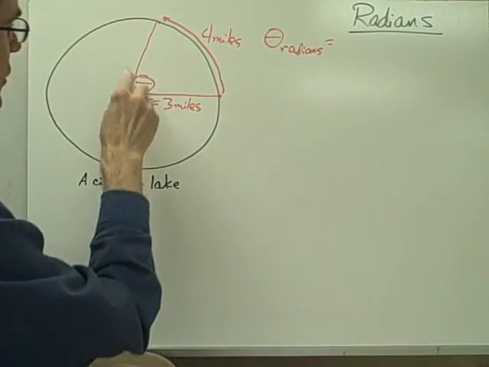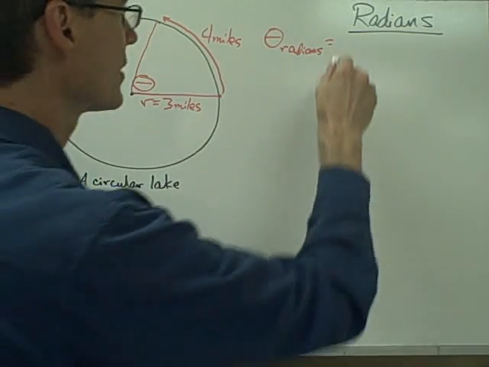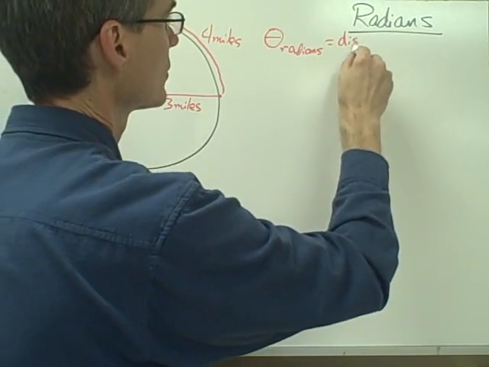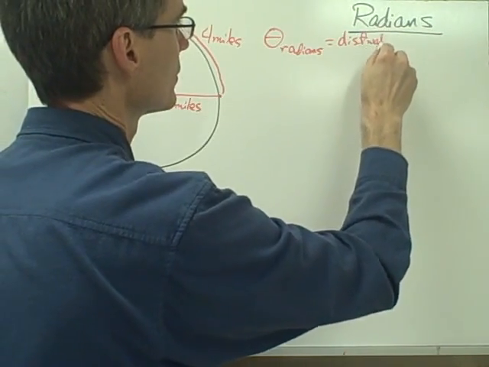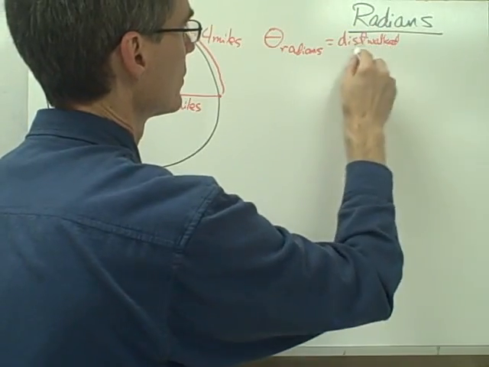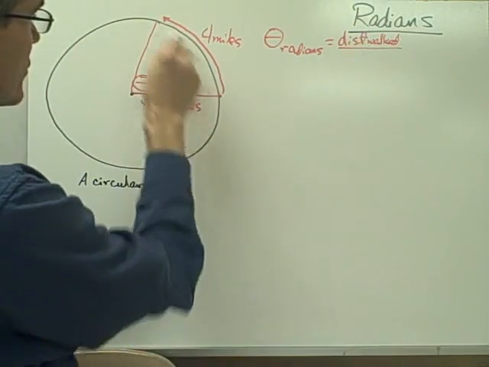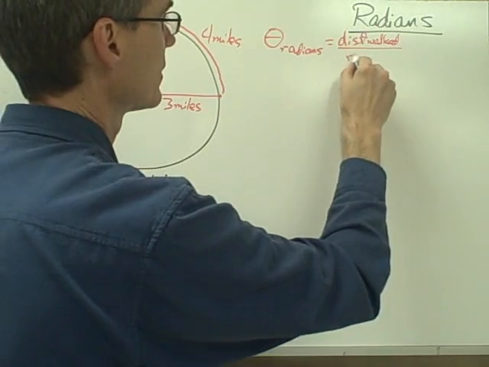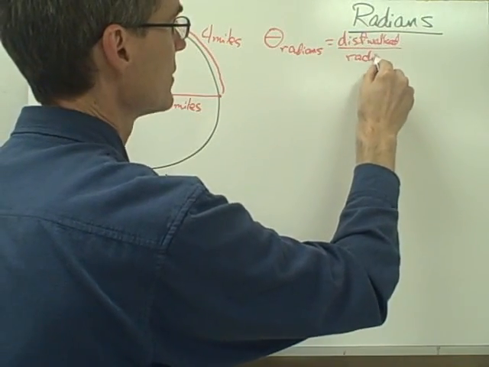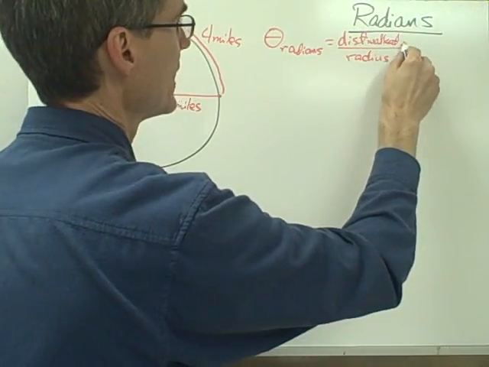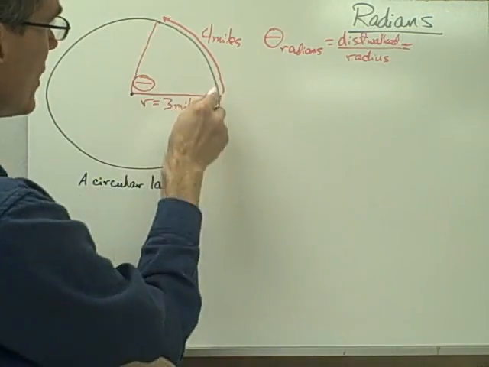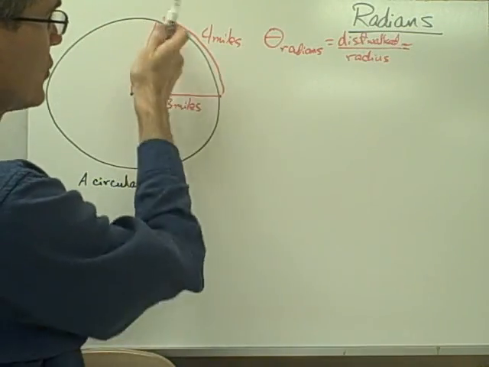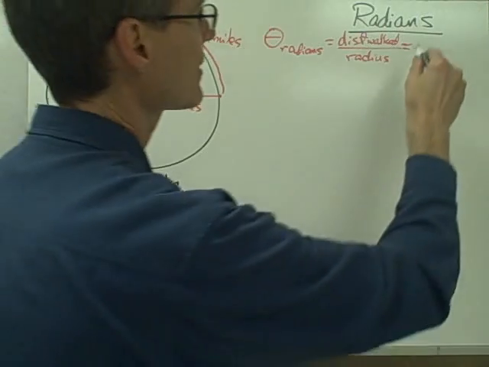And the measure of this angle theta in radians is just the distance walked around the circle divided by the radius of the circle. Now, you may recall that this distance around a circle, this piece of a circle, is also called the arc length.